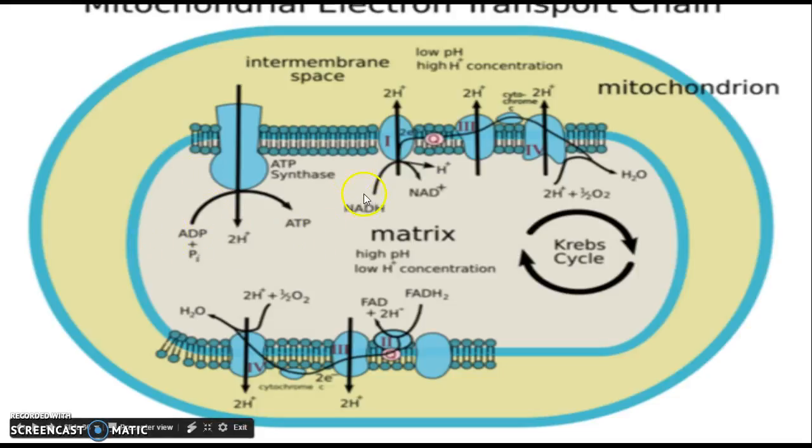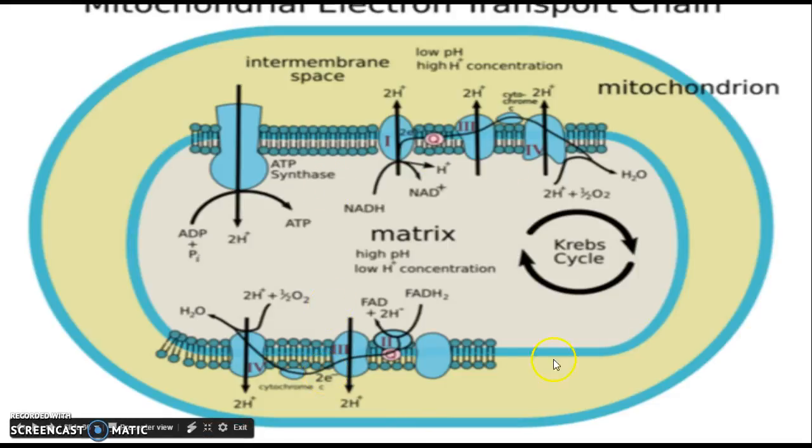For every NADH, we will change 3 ADPs into 3 ATPs. So 1 NADH equals 3 ATPs. 1 FADH2, when it breaks off and those hydrogens then leave us and go through, we will produce 2 ATPs.